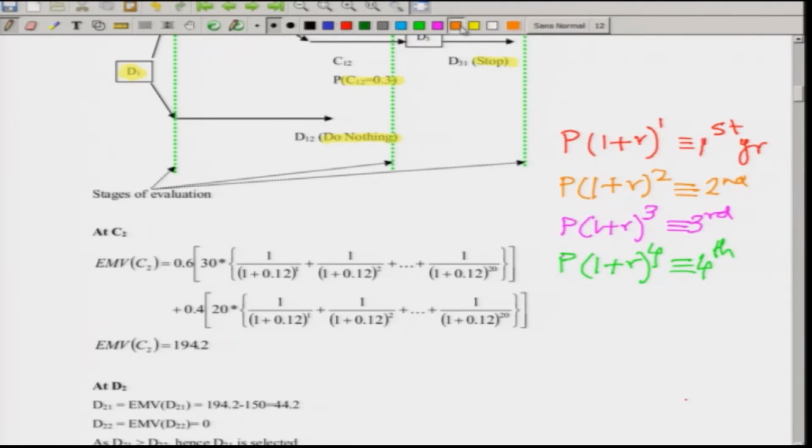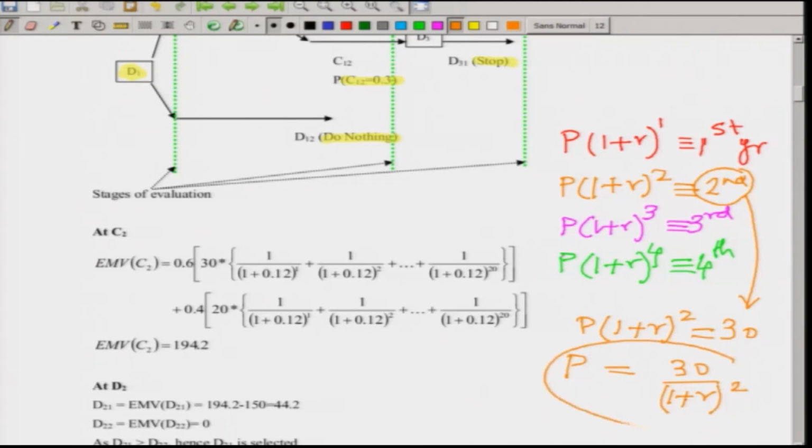Now I do the calculation for the second year. The second year value is after 31st December 2020 or 1st January 2021. This is 30, P value, P is a variable, so obviously it will be utilized. So when I use P, it becomes this. This value which I have is exactly the value which I had here.